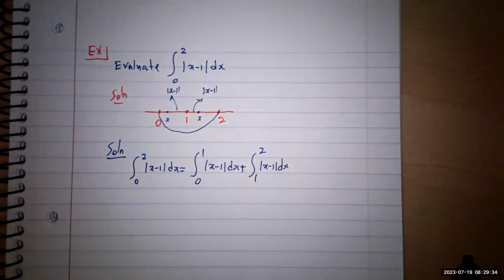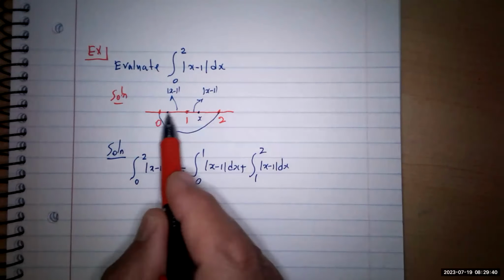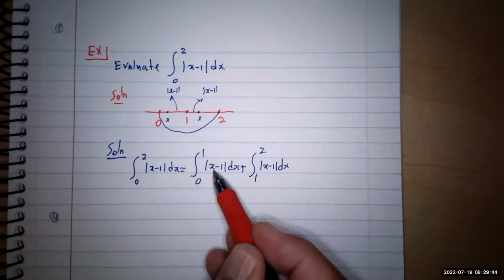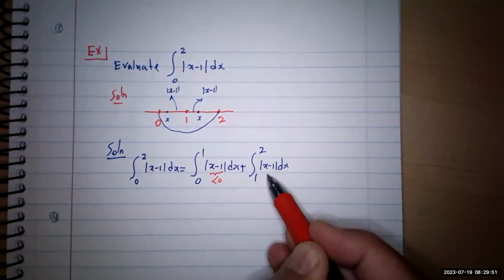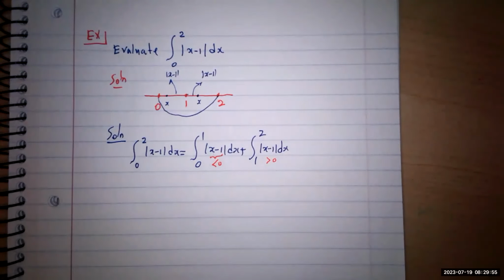Any question? Now we know that if you are in this interval between 0 and 1, your x is less than 1, so this would be negative. If you're here, this would be positive.